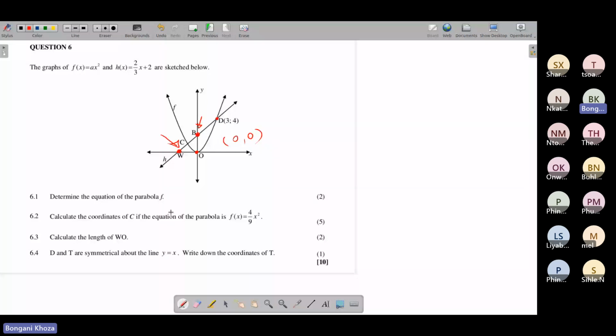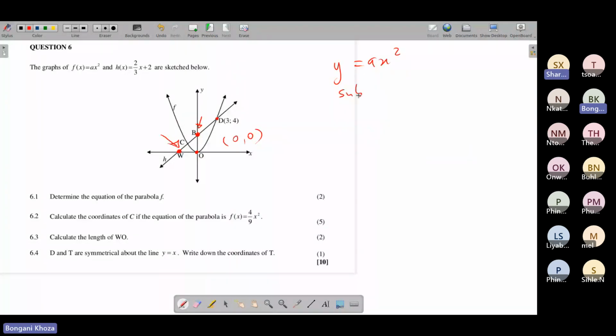So firstly, they're asking us to find the equation of the parabola f. Right, so let's see. It's going to be y equals ax squared. We cannot substitute this turning point 0 and 0 because it's just going to be 0 equals a 0 squared. This is just 0 equals 0. It's not helping us solve anything. So we're going to substitute point D because it's also on the line.